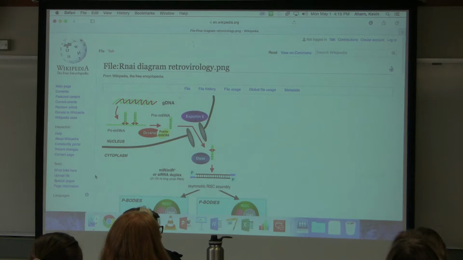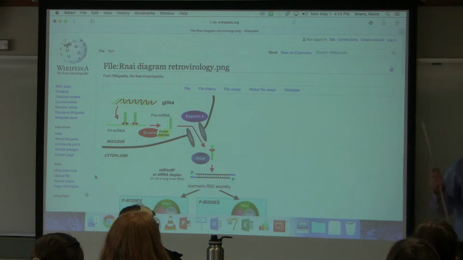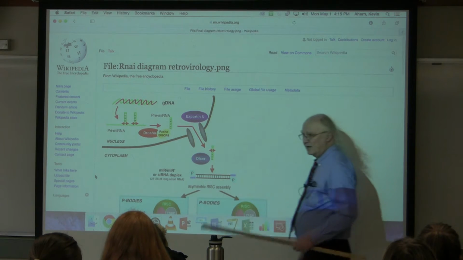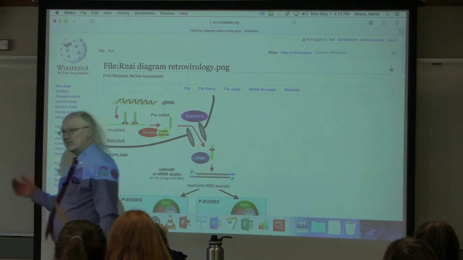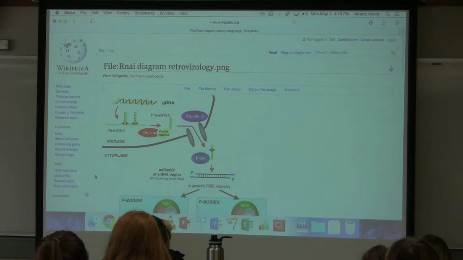So one thing you could do is you could destroy the messenger RNA. That doesn't happen real rapidly in our cells. Another way that you could stop it would be to do this and stop the synthesis of the protein that it codes for. And that appears to be one of the reasons why this system is powerful for cells. It allows the cell to stop the synthesis of any protein anytime that it wants.